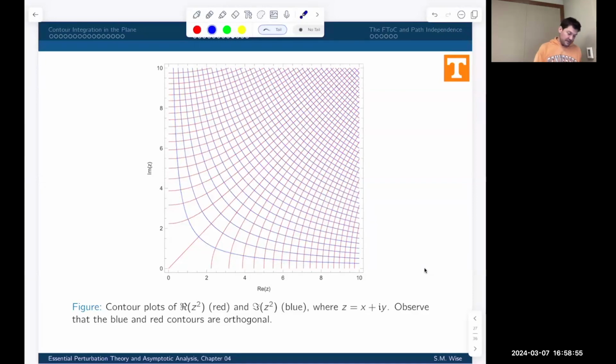So a contour plot means this: if we take v of x, y and set it equal to some value c, those are sometimes called the level curves. I should probably use the term level curve rather than contour, because we're going to use the term contour for something else. But I hope there's not too much confusion. If I say a contour plot, that's the same as a level curve plot.